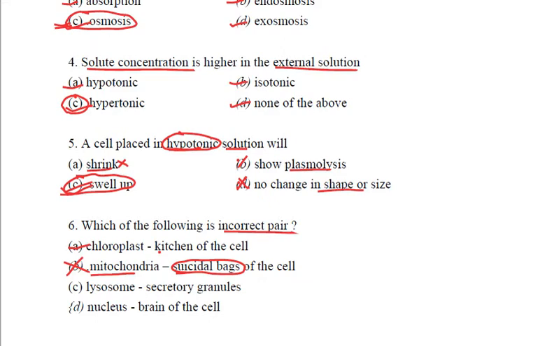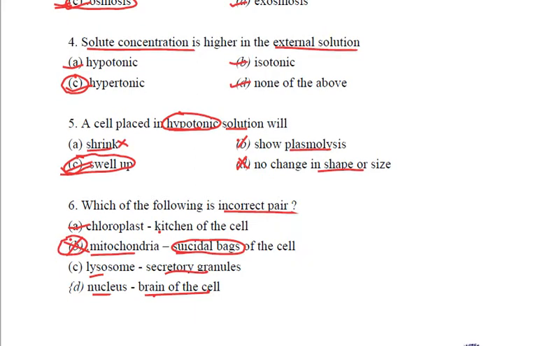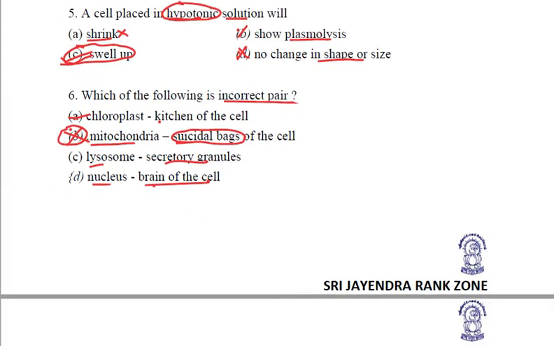Mitochondria is power plant of the cell where ATP generation, energy generation, oxidation takes place. Fine. Lysosomes, secretory granules, and nucleus, rightly called the brain of the cell. So, mitochondria, suicidal bags of the cell, is the incorrect pair. This is the wrong answer.